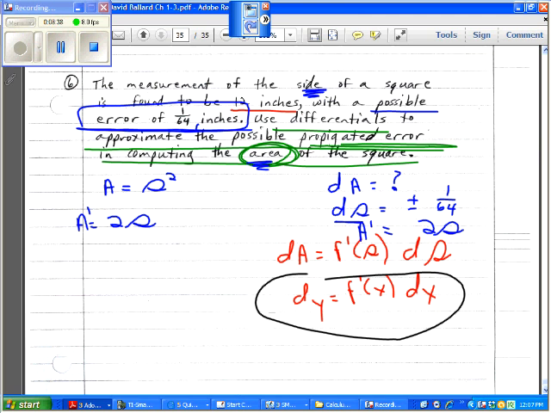Okay? Understand that? Okay? So in this formula, then what I have is dA, which we don't know, is equal to F prime of my side, which is 2s, times ds, which is plus or minus 1/64. Okay.